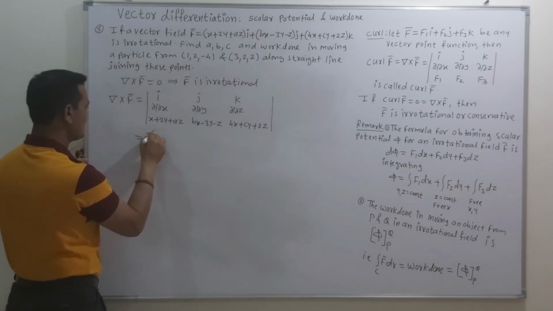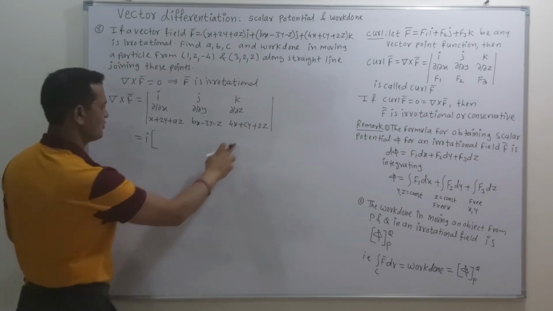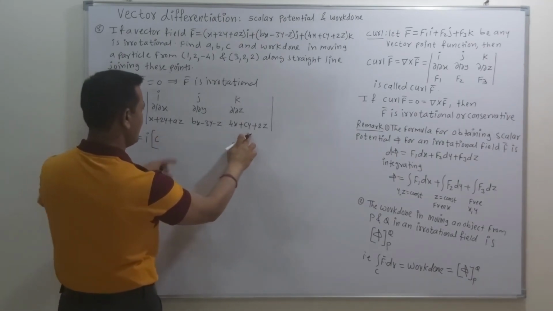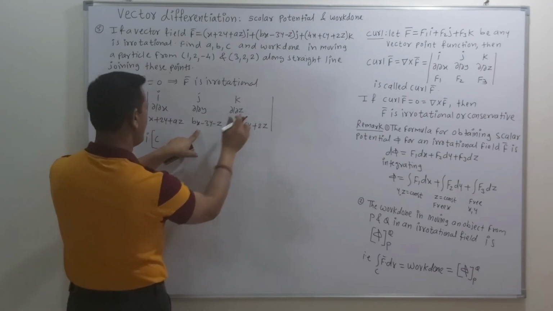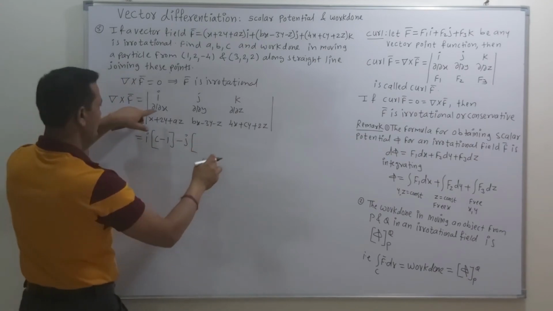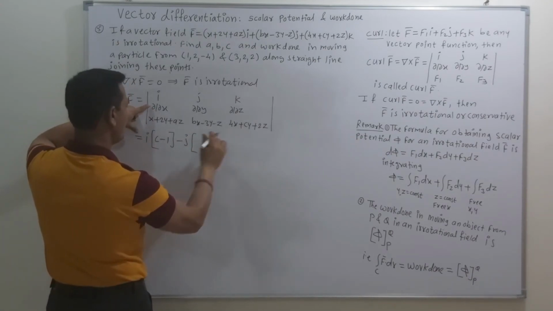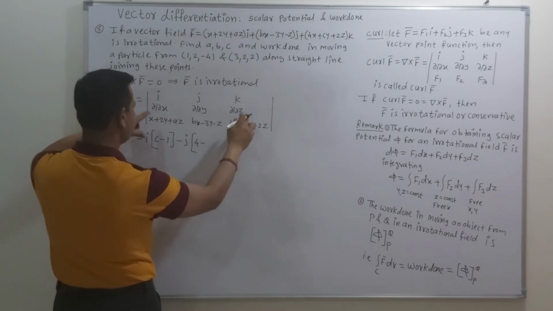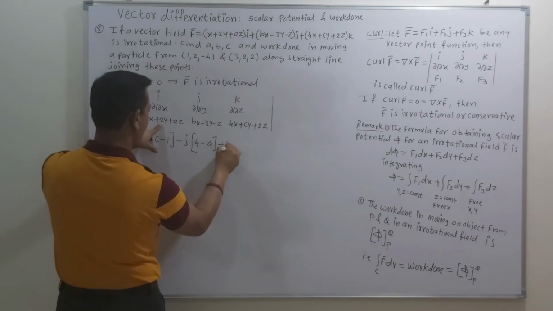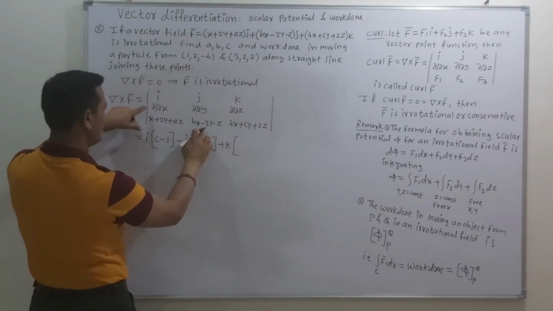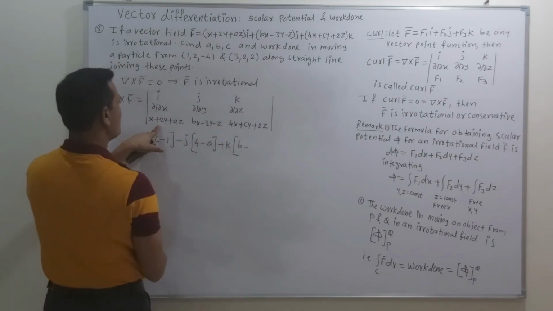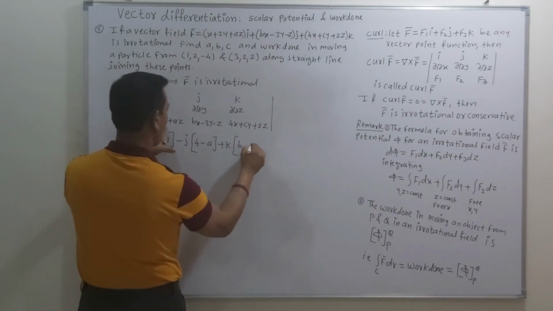If we try to evaluate this, then we get this as i times: take the partial derivative of this term with respect to y, which is c, then again take the derivative of this term with respect to z, which is minus 1, then minus j times: take the derivative of this term with respect to x, which is 4, minus derivative of this term with respect to z, which is a, plus k times: take the derivative of this term with respect to x, which is b, minus derivative of this term with respect to y, which is 2.